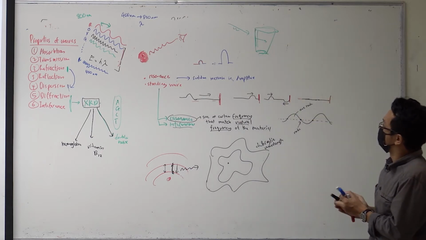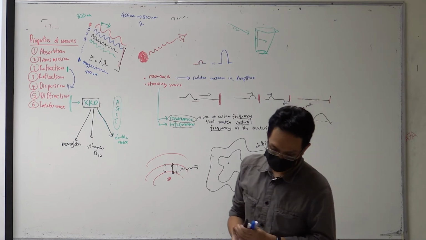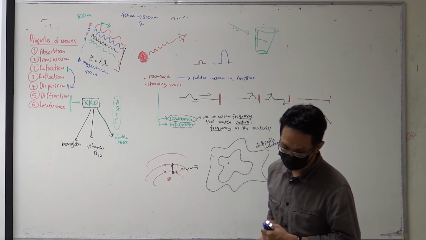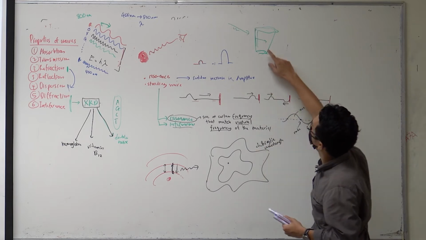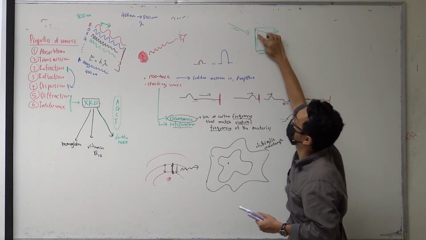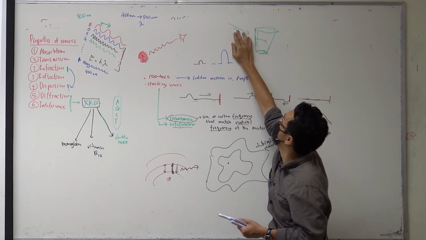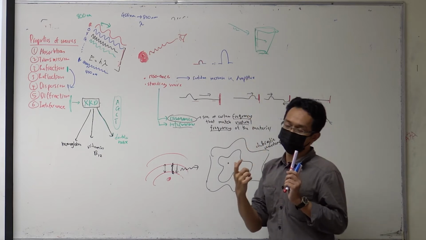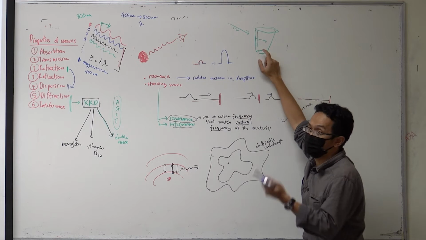Okay, so in other words, when we talk about the resonant frequency, when the material and the energy that hits the material can produce a resonance, then that material will absorb the light.